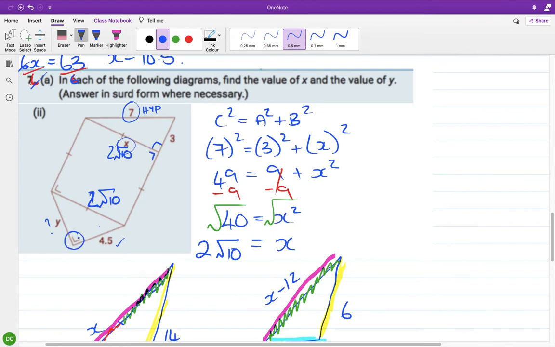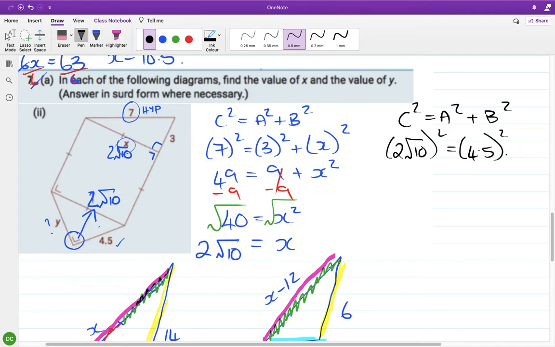Okay, here's your right angle, which means that is the hypotenuse for the second triangle. So we just go again. This time the hypotenuse is 2 root 10 squared, then 4.5 squared plus y squared. 2 root 10 squared, so that's in my calculator, and I'm just hitting squared, and you get 40. 4.5 squared equals 20.25 plus y squared.